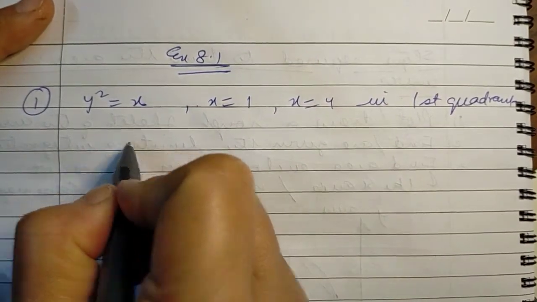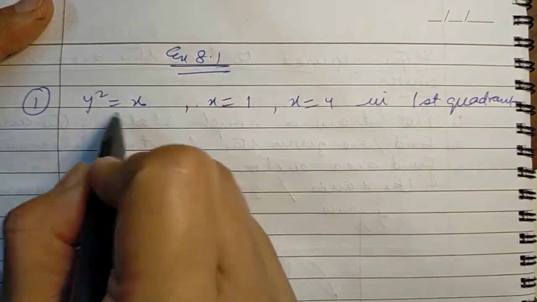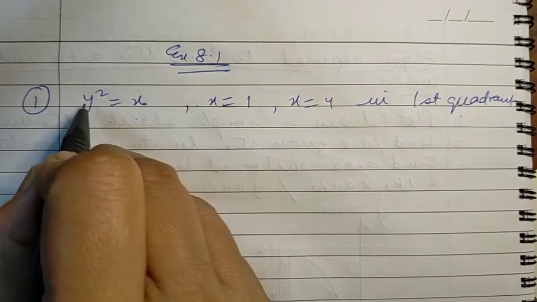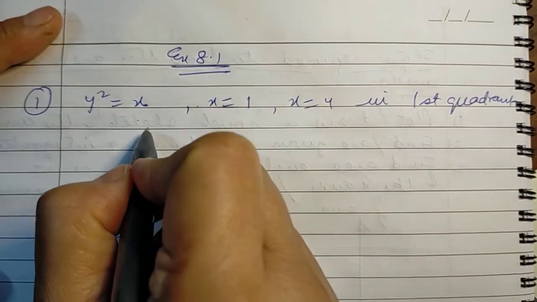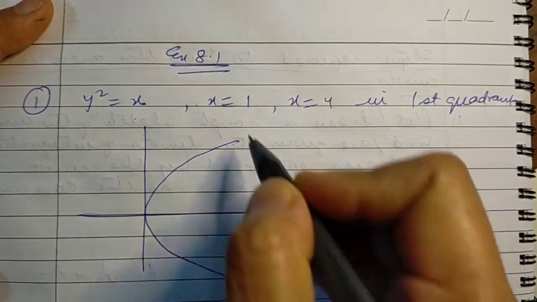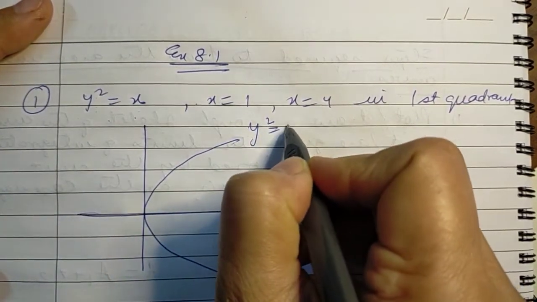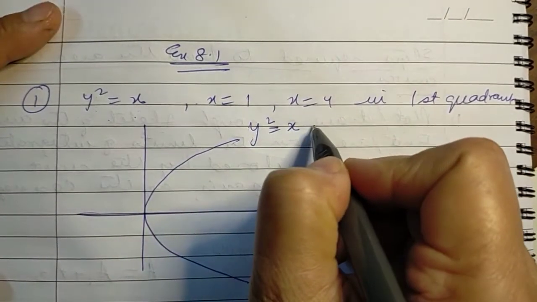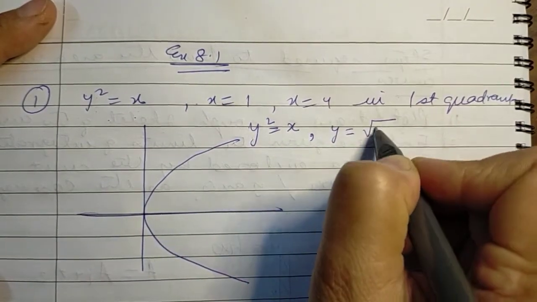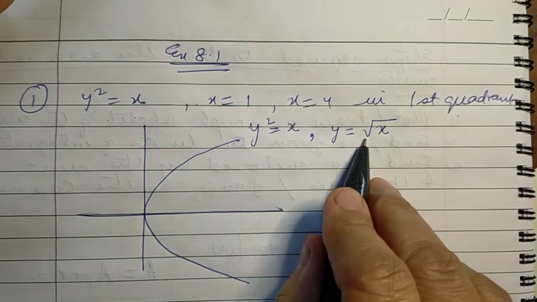That is, we will first draw this curve. As you all know, it depicts a parabola, symmetric about the x-axis. So what we do is we draw the curve. This is y squared equal to x, or if you are writing it as y in terms of x, it will be y is equal to square root of x.